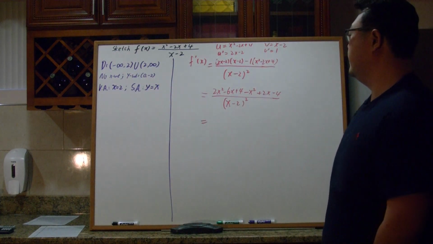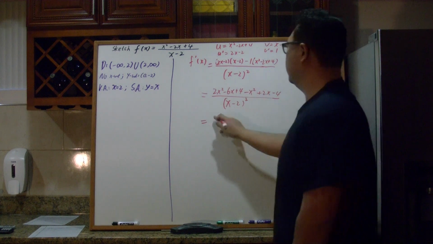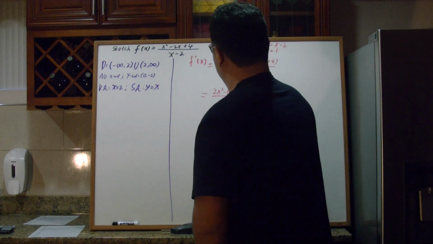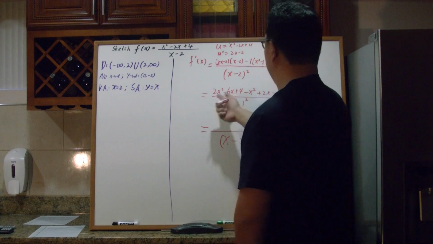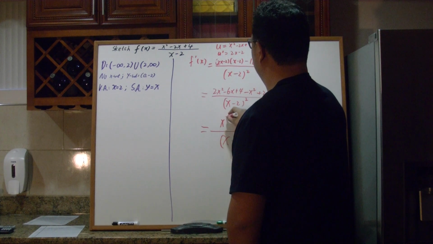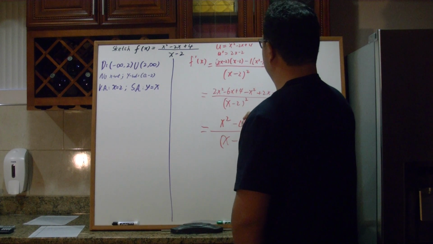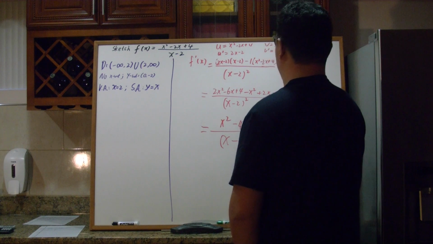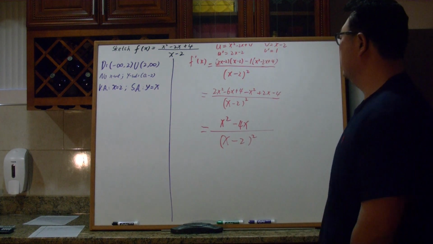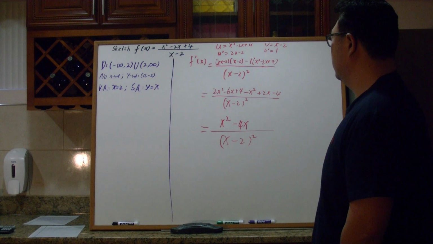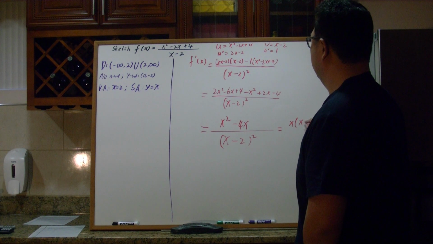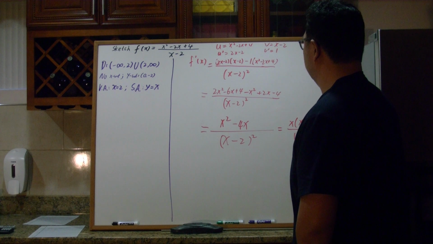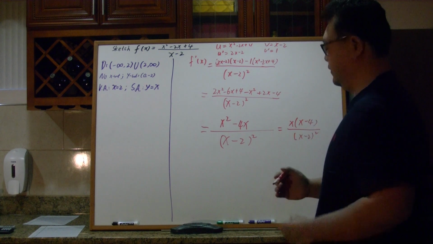That we get our f prime, we could subtract it. Right, that is x squared minus 4x, which could be factored as x times x minus 4 over x minus 2 squared.